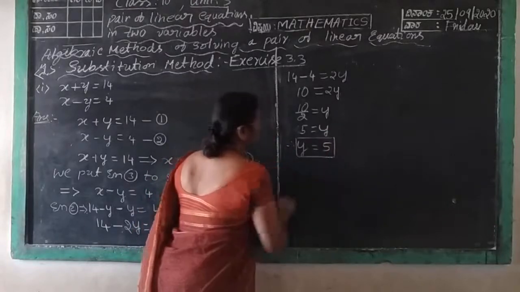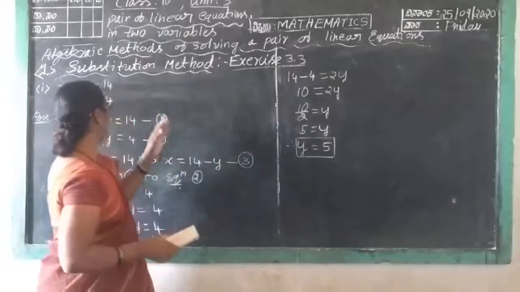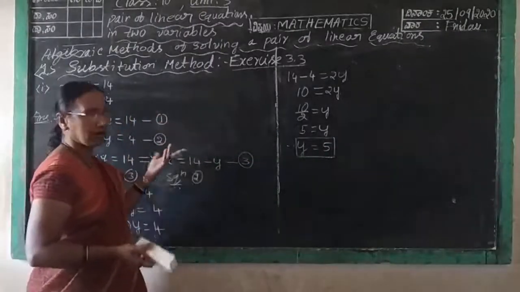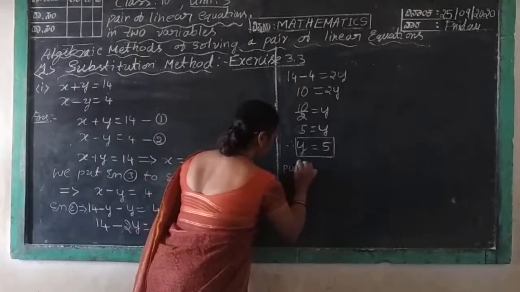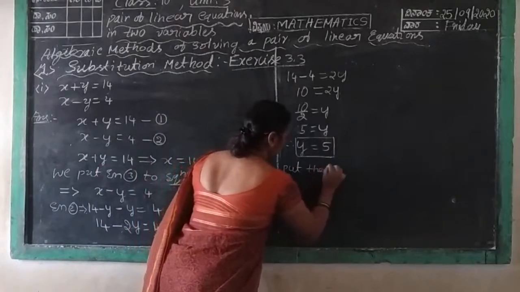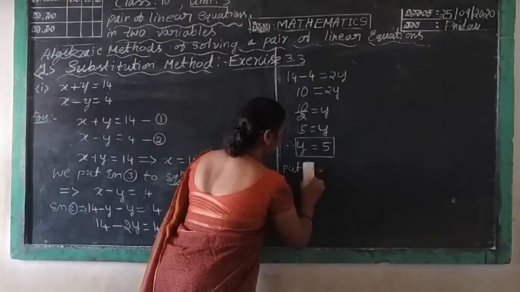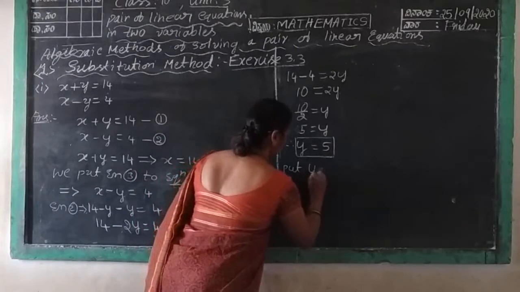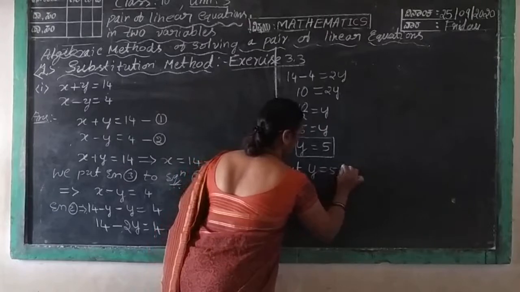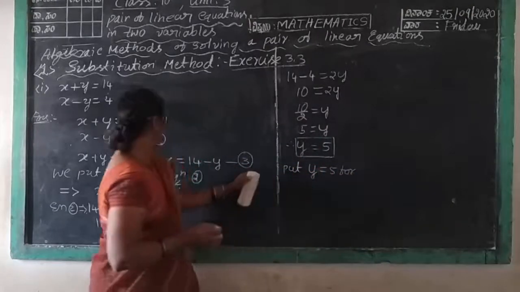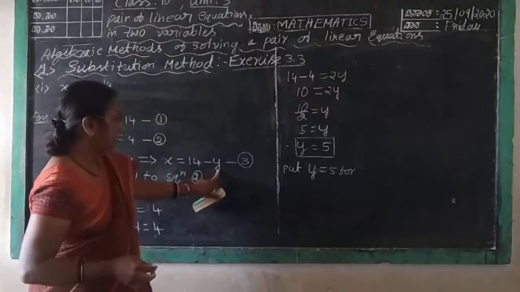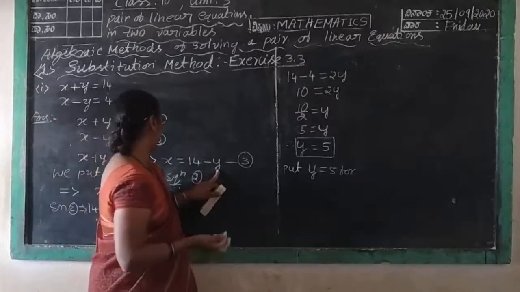Then put the y value into equation 1 or 2 and we get the x value. Put the value y is equal to 5 for equation 3 also.